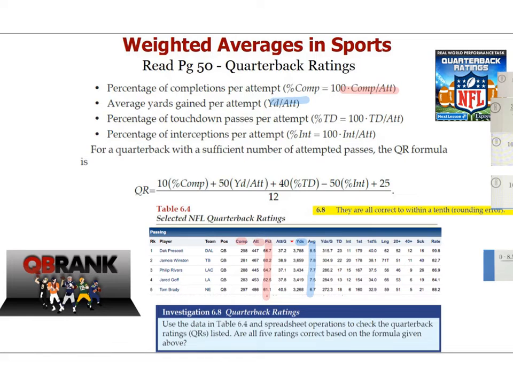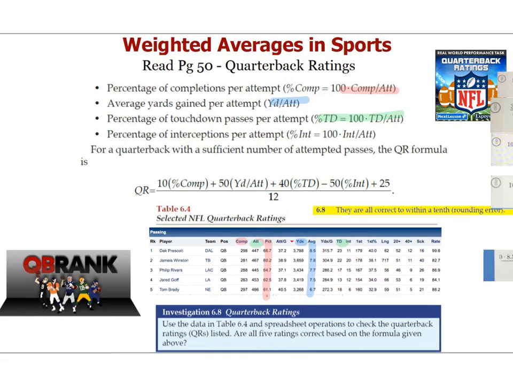The percentage of touchdown passes per attempt: for that, you need to know the number of touchdowns and the number of attempts. They give you the number of touchdowns here, and you would go back and use the attempts in this column. If you use this formula right here, that will give you the percent touchdowns.